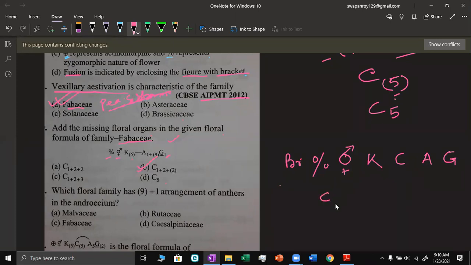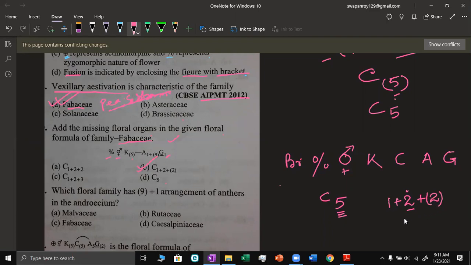Here in Fabaceae, in the corolla there are 5 petals, but these 5 petals are not regular. They are irregular in shape, so it can be written: the posterior is 1, that is the largest, the standard, and then 1 plus 2. These 2 indicate the 2 wing lateral petals, and then the 2 anterior, the smallest petals, and these two are fused.